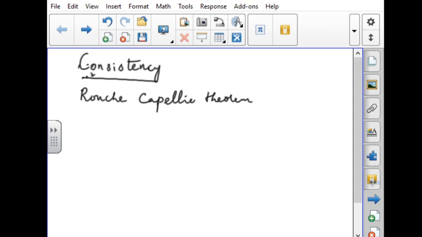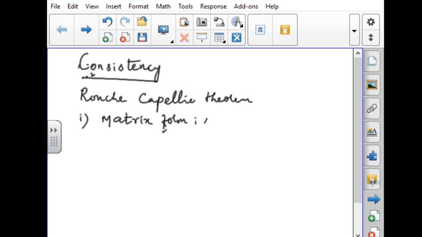According to the Rouché-Capelli theorem, the given system of linear equations first can be written in matrix form.